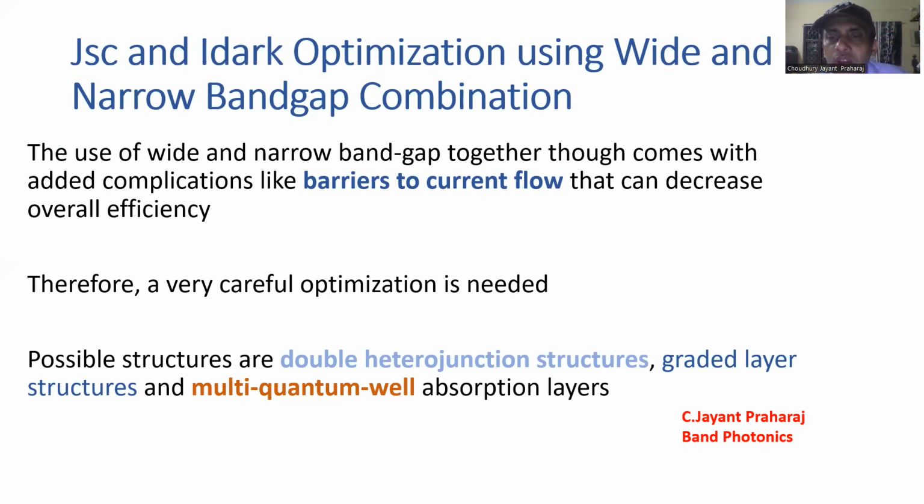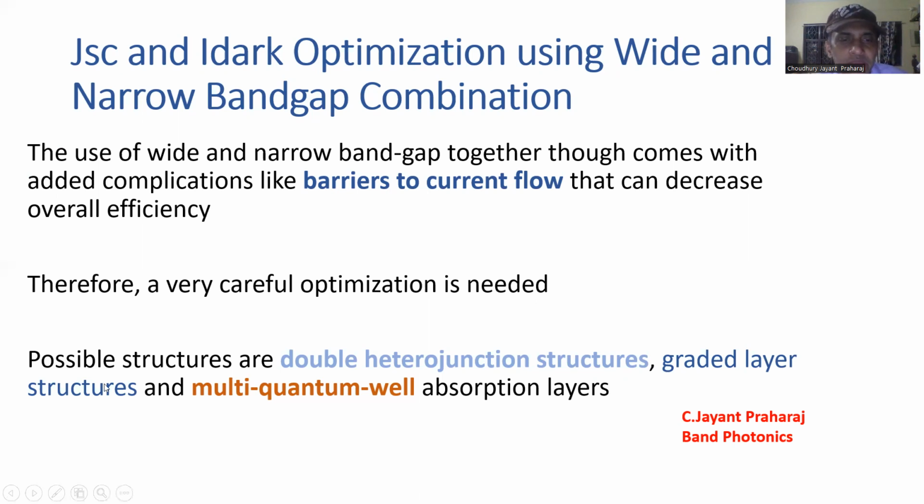However, they require quasi-continuous grading, and that is much more difficult to attain technologically. For example, molecular beam epitaxy or metal organic chemical vapor deposition epitaxy that is used to realize these devices can have complications when we try to realize this quasi-continuous grading.